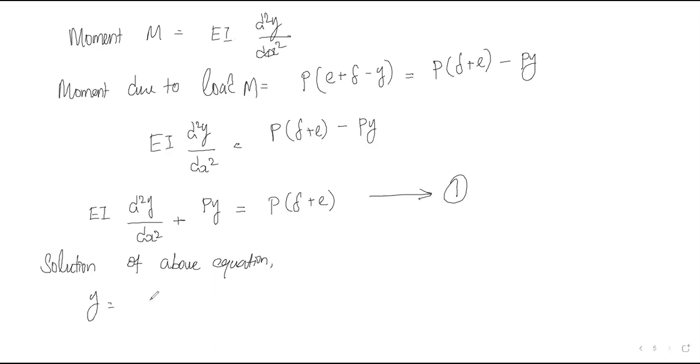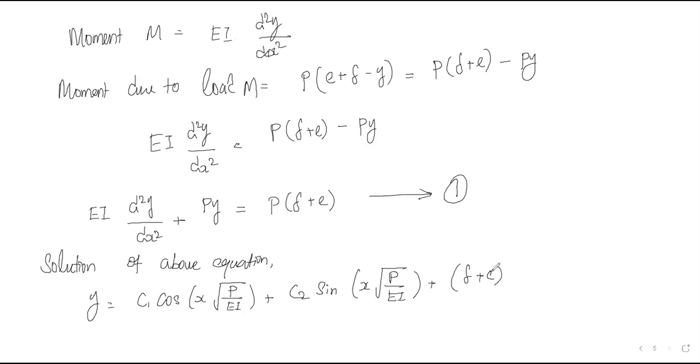So y is equal to C1 cos x into root under P by EI plus C2 sin x into root under P by EI plus delta plus E. This is the solution for the above equation. Now we know the boundary conditions.